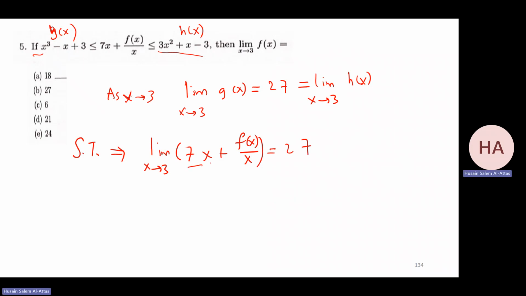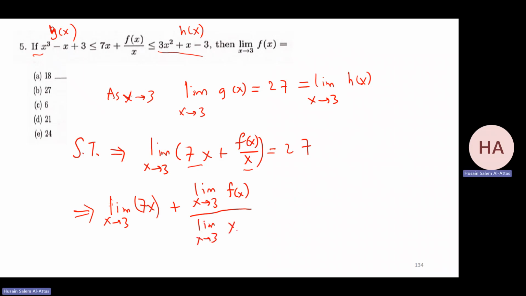This limit exists, this limit exists, and the whole limit exists, so the limit of x exists. That means I can distribute the limit. Limit as x goes to 3 of 7x plus the limit as x goes to 3 of f of x over the limit as x goes to 3 of x should be 27.